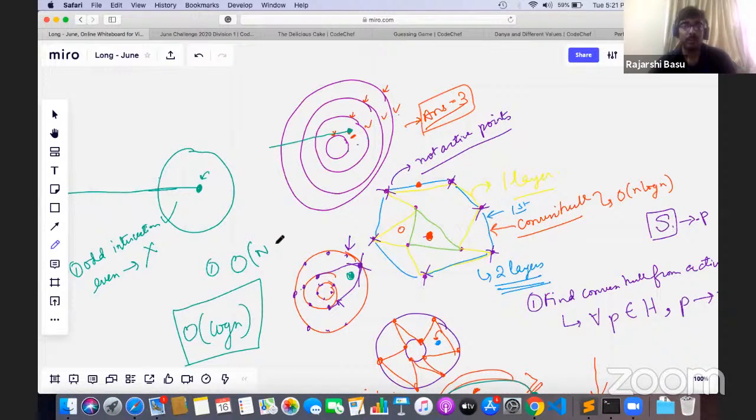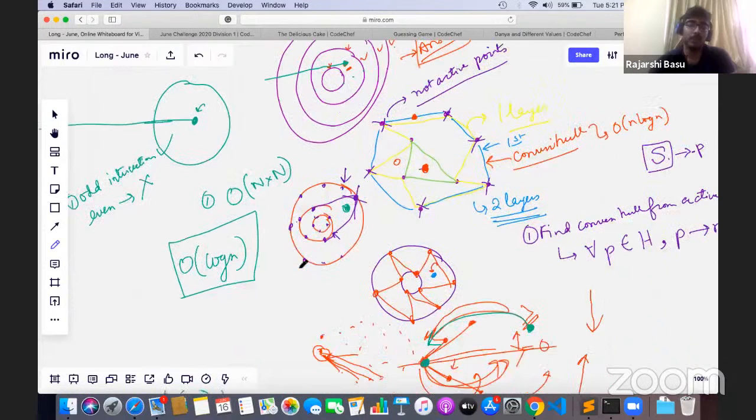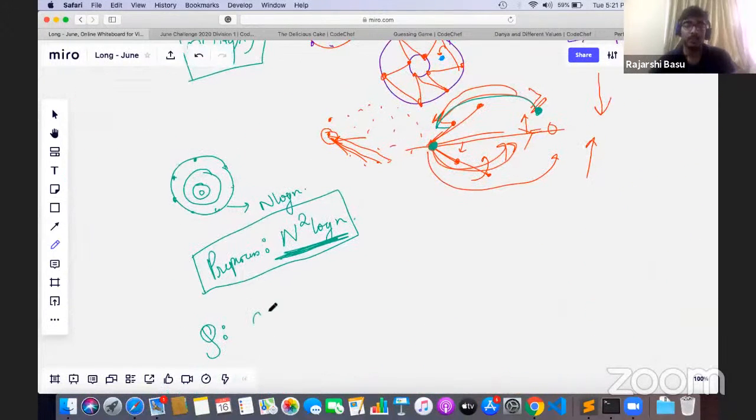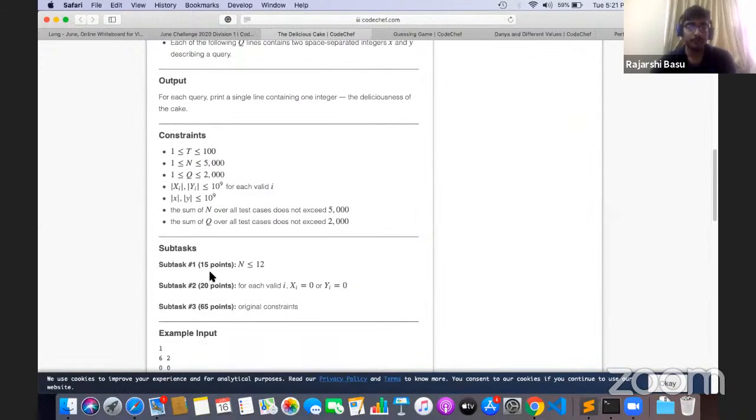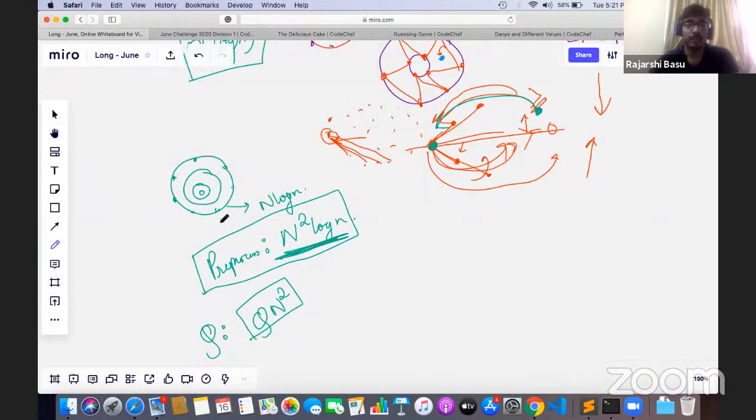That would have taken you n time, and you have overall q queries. So this is the simplest complexity that you can achieve, q n squared. I think this was sufficient to pass the problem. Theoretically it's q n squared, but in actuality it's much better.